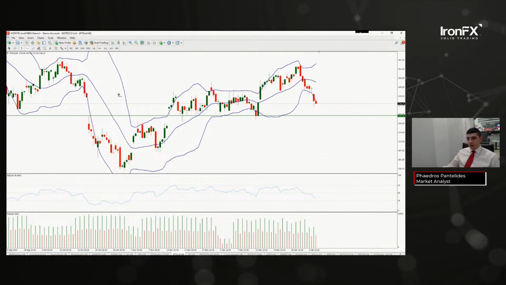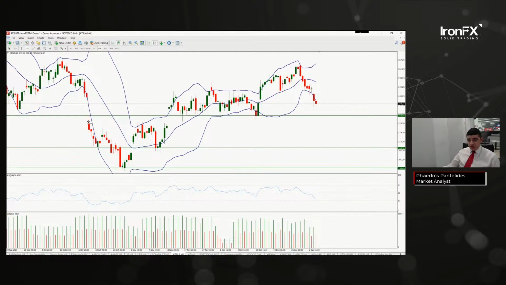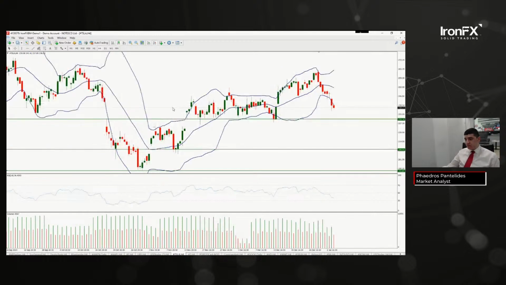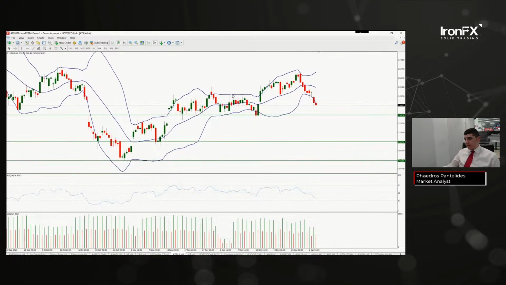That would be S1. Then for S2, 208.90, and then S3, this previous low as well. Actually, I'm going to use the wick for this one. 193.85. Fair enough. We have S1, S2, and S3.